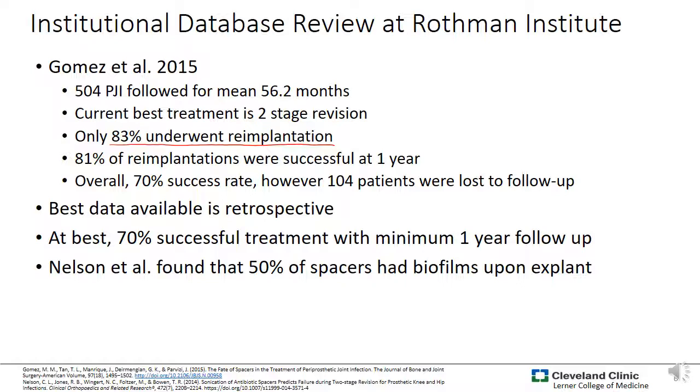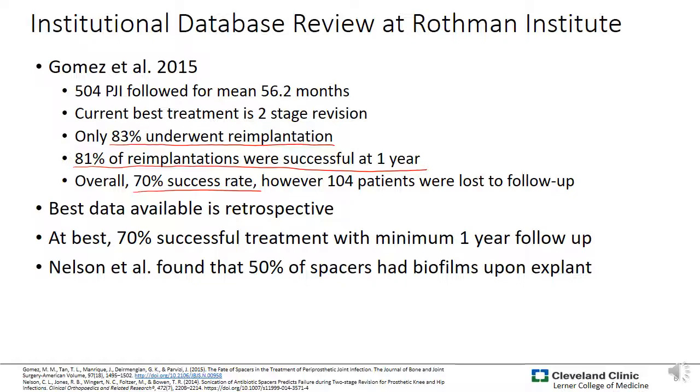That means that they went on to be treated with multiple spacers, or they had a retained spacer that they lived with for the rest of their life, or they died of infection-related or other causes. Of the group that did undergo reimplantation, only 81% of those were successful at 1 year. If we combine all this data together, we're looking at something like a 70% success rate. We have to keep in mind that about 104 patients were lost to follow-up.